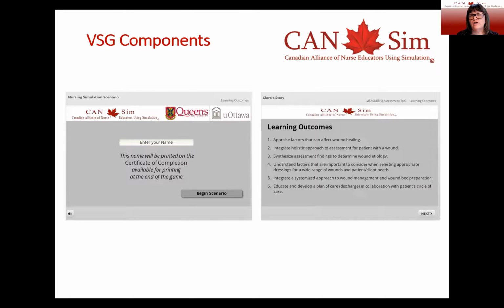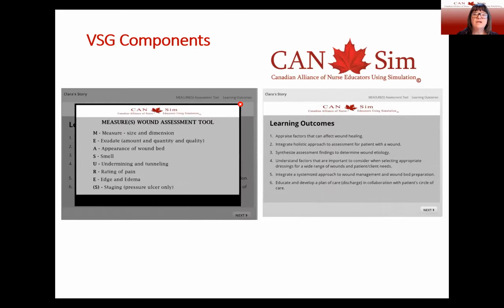So if you require it as part of their course and you want proof that they've completed the simulation, make sure that they do this and hand in the certificate. And then we always have the learning outcomes outlined on the slide. We can also incorporate the learning outcomes into a drop-down box.